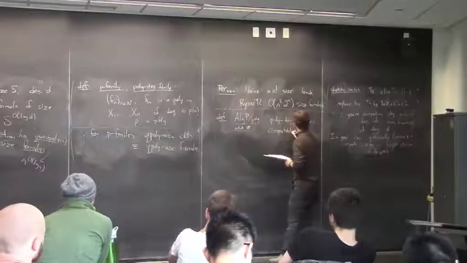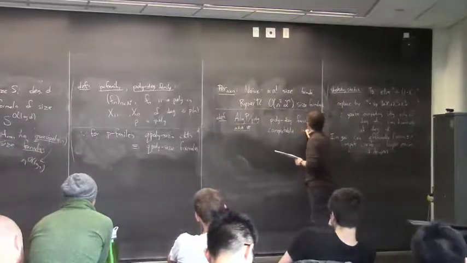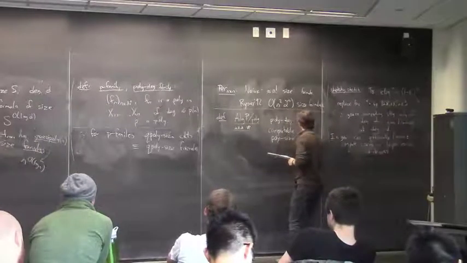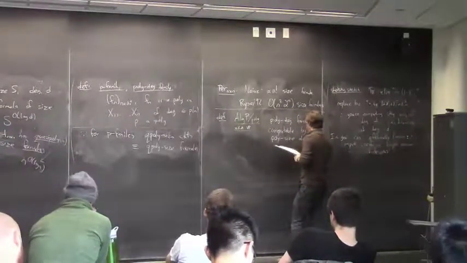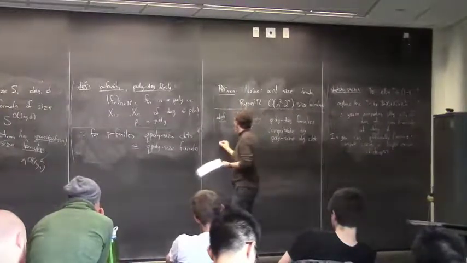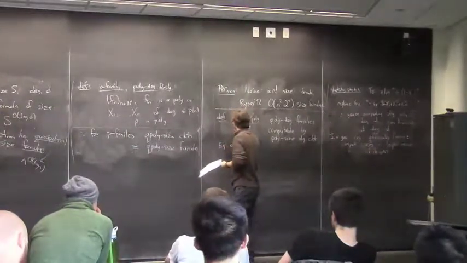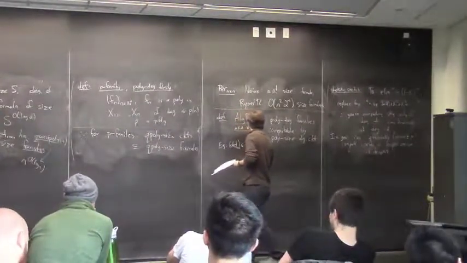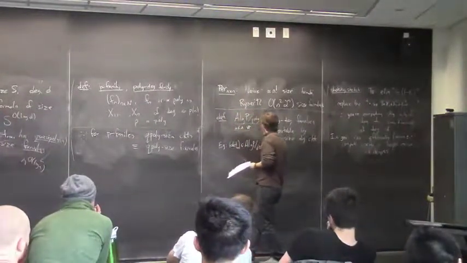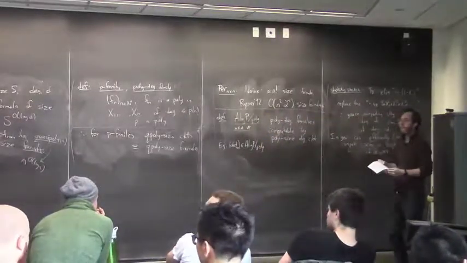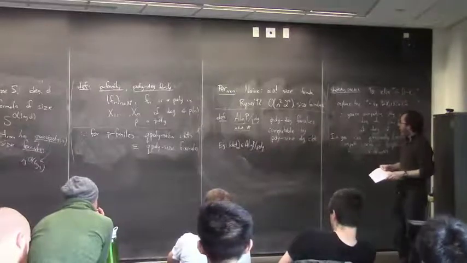So probably the natural definition. For example, determinant is in this class. Do we make them be poly-degree families if they're poly-size?